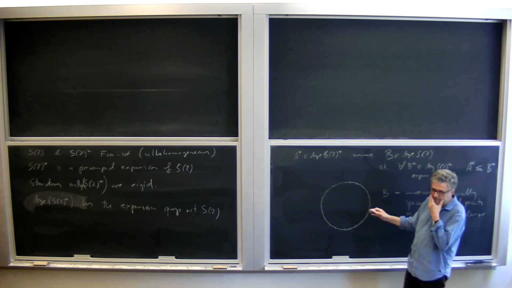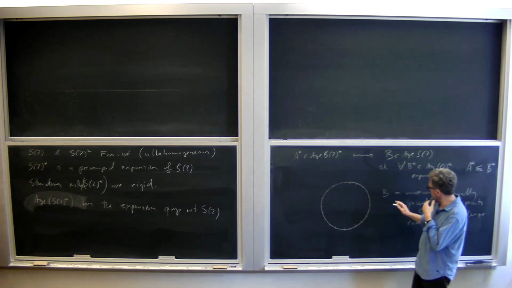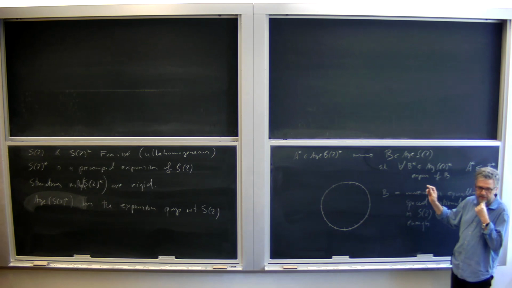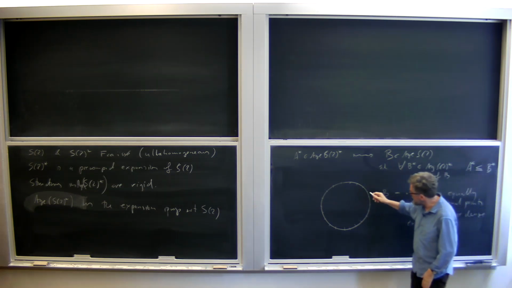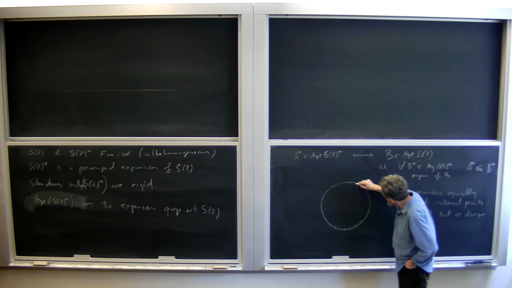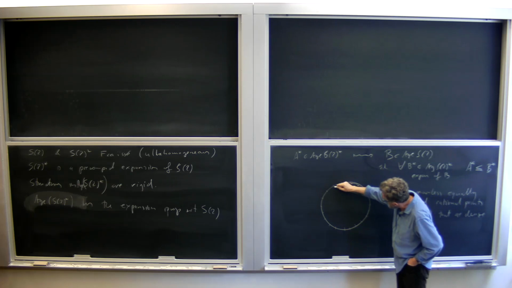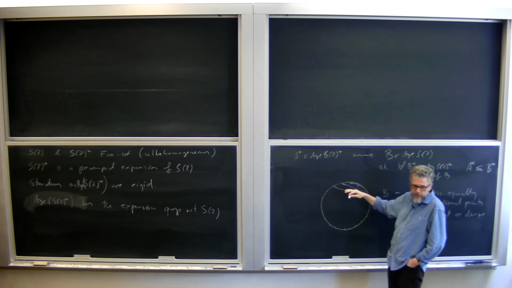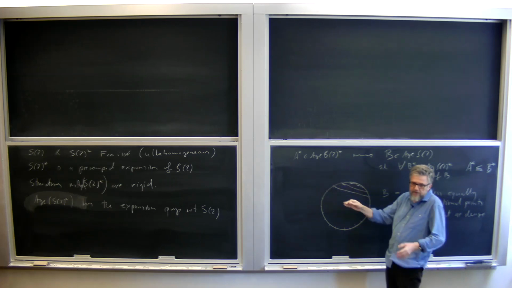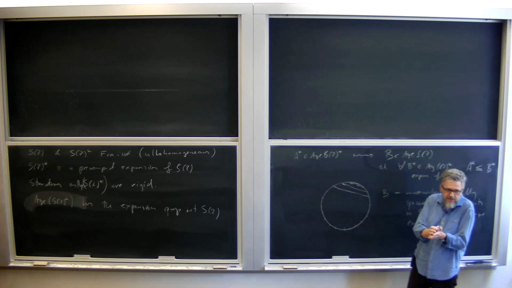But notice that there are not that many choices for how I can expand B to a structure in S of 2 star. The reason is I have all these arrows that tell me roughly the angles between these 2 points. Between any two, they tell me that angles are less than 180 degrees.